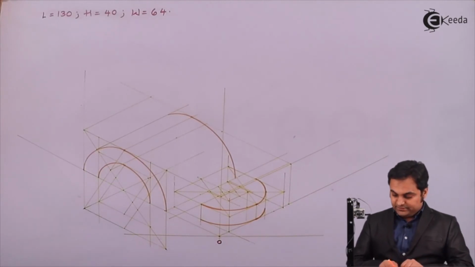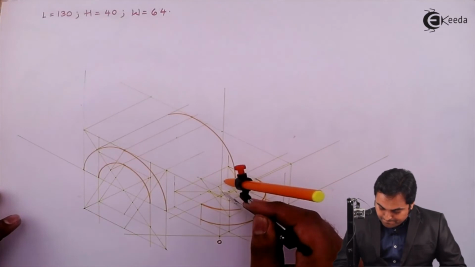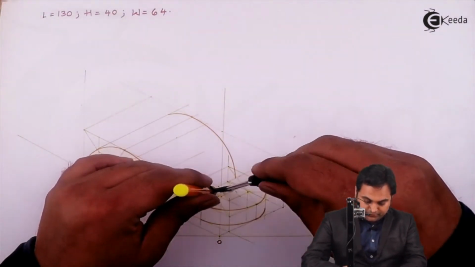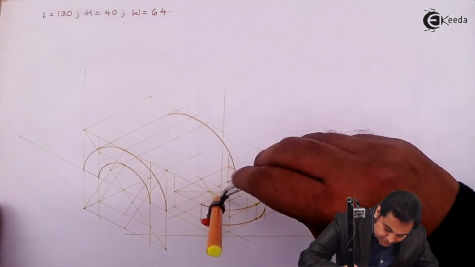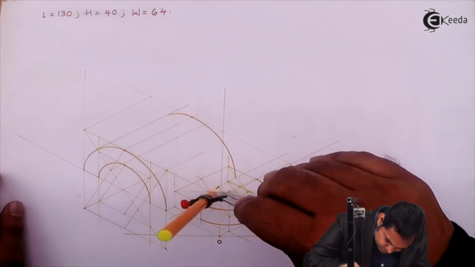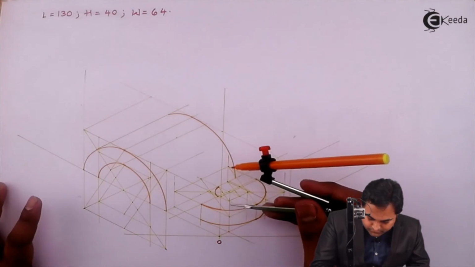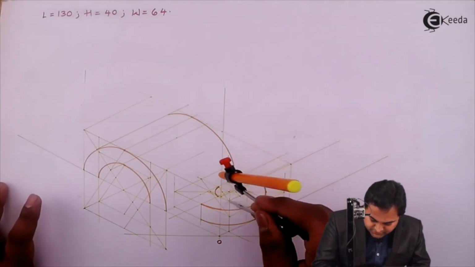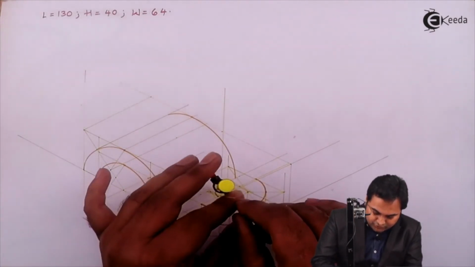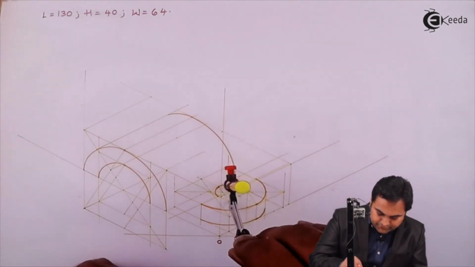The next thing is, keeping this as the center, and the radius up to the midpoint, drawing a light arc. Similarly, keeping this as the center and the radius where I have ended this semicircular part, drawing an arc.